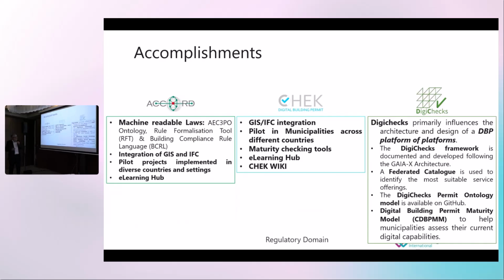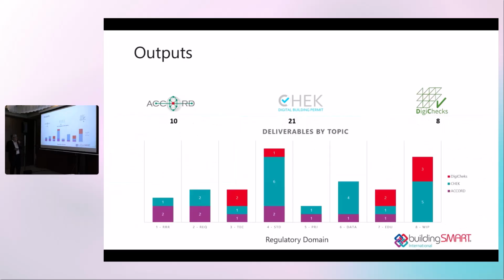Anyway, it's not a problem of the project, of course, it's my problem, because it's very technical. The one thing we have to say for DigiChecks is that it's very immersed in the new European policy for cloud, for the system and the platforms.